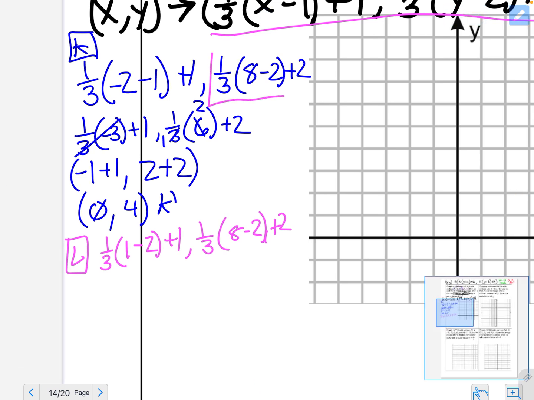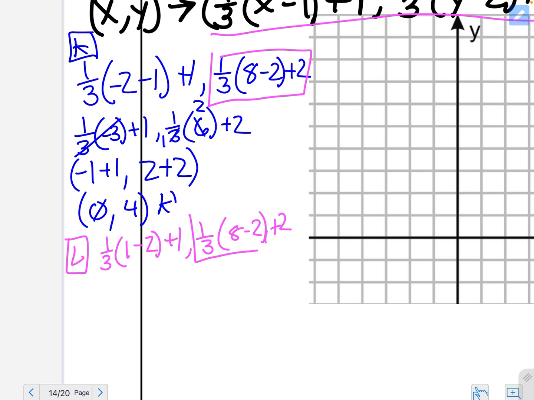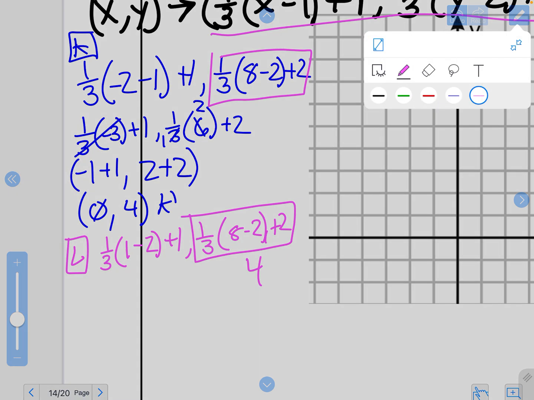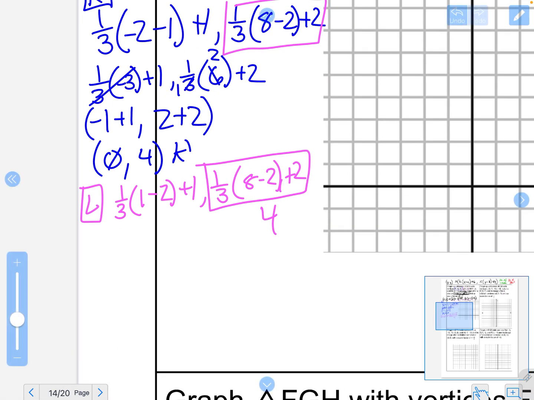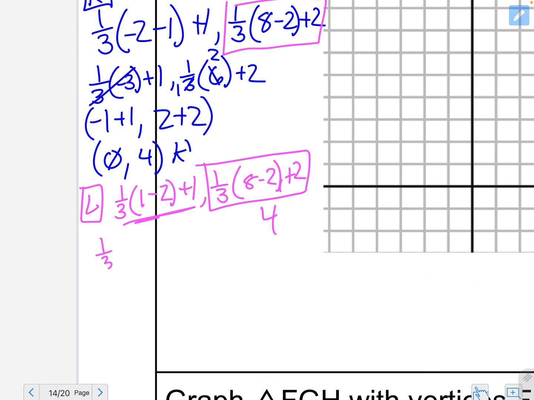Because I noticed that this right here is the same math as this right here, I know that's going to end up being 4. So I don't need to really do that math again because I've got the same point and the same information already. So now I can just kind of focus on this. 1/3, 1 minus 2 is -1 plus 1. So it's going to be a -1/3 plus 1.